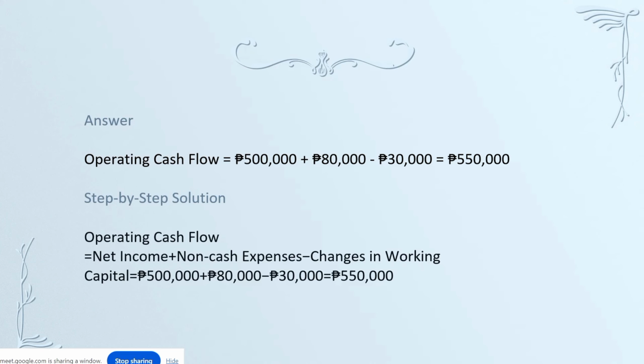So the operating cash flow is calculated by adjusting net income for non-cash expenses and changes in working capital. In this case, it results in positive cash flow, indicating good operational performance.